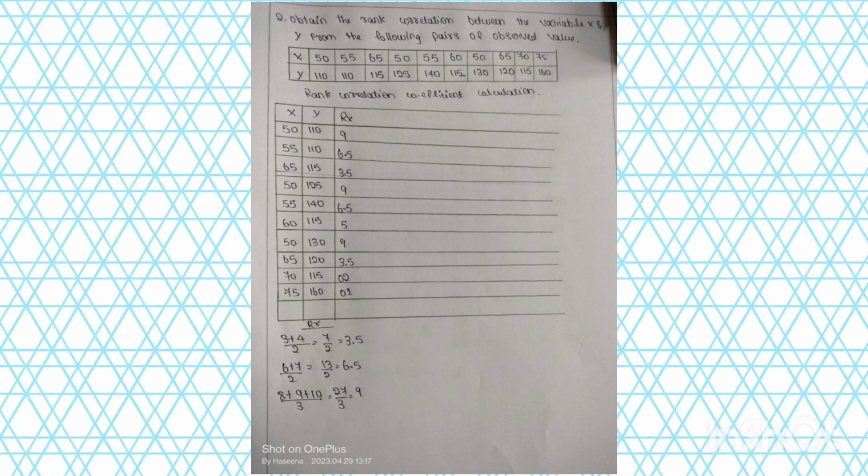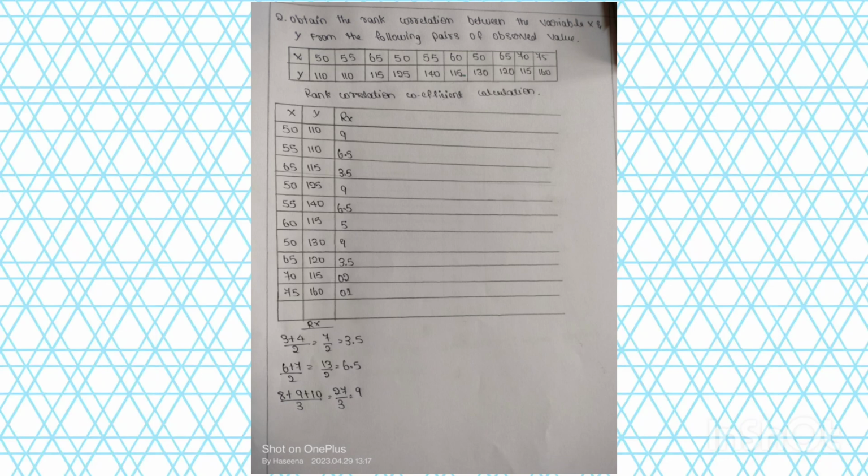Now we can see that 65 is repeated twice, so we will calculate it as 3 plus 4 divided by 2, as the next rank was 3 and 65 is repeated 2 times. It will give a solution of 3.5, which we will place on both.